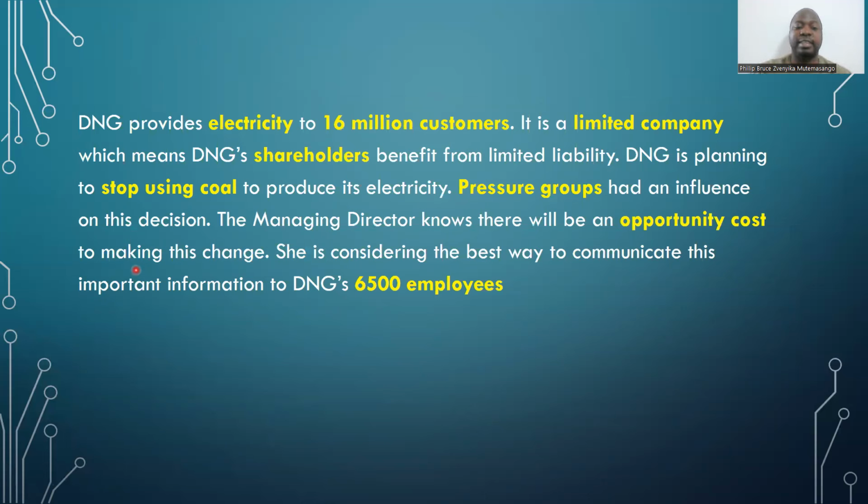DNG provides electricity to 16 million customers. It is a limited company, which means DNG's shareholders benefit from limited liability. DNG is planning to stop using coal to produce its electricity. Pressure groups had an influence on this decision.